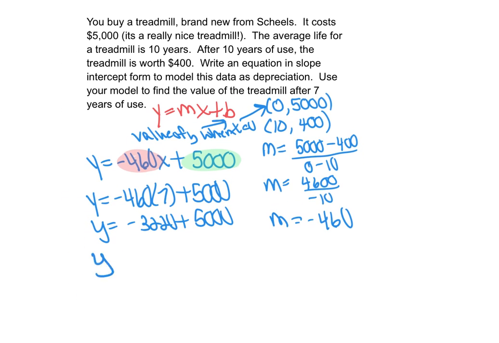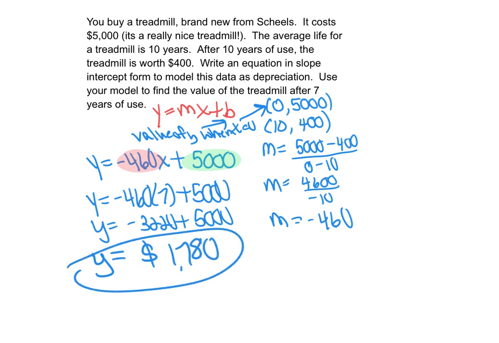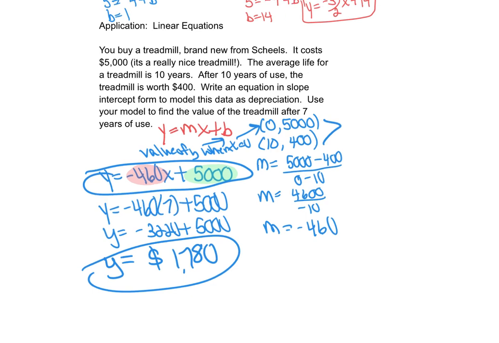So after 7 years, the treadmill is going to be worth $1,780. So we have our equation, and then we answered the question of how much it's going to be worth, and we did that with our 2 ordered pairs that we got out of our story problem, things like that.